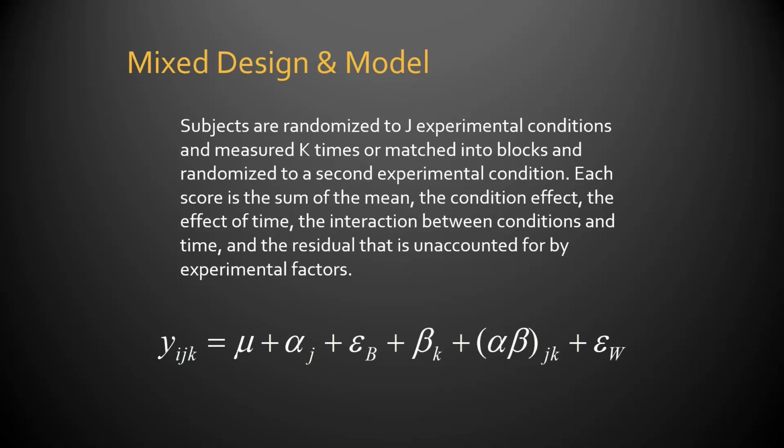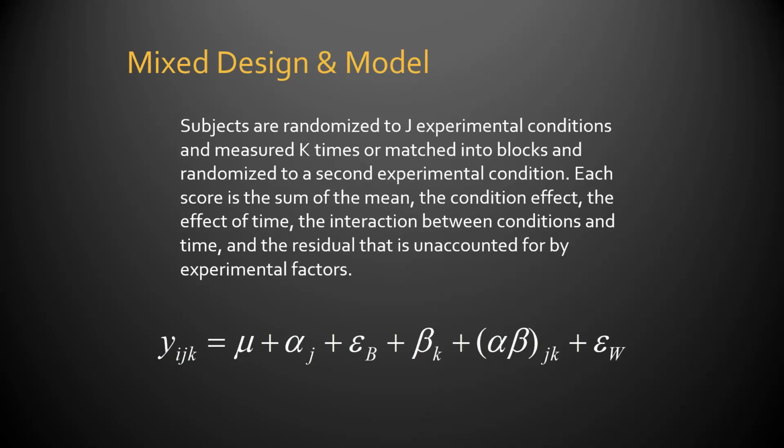So here we have a score or an observation Y for person i, in level j and level k. So little j, the jth level of the capital J factor, little k, the kth level of the capital K factor.